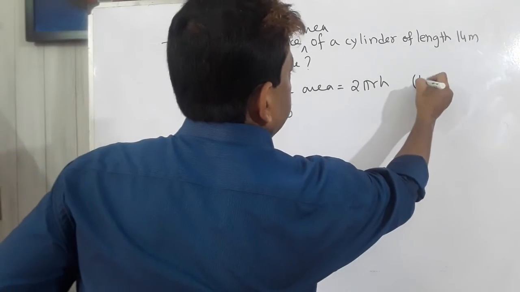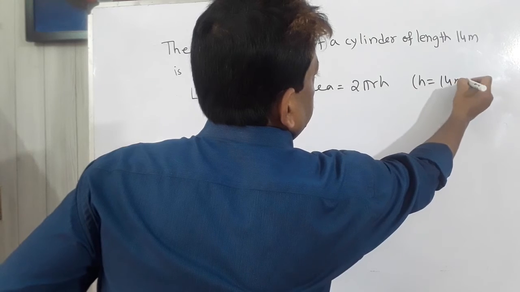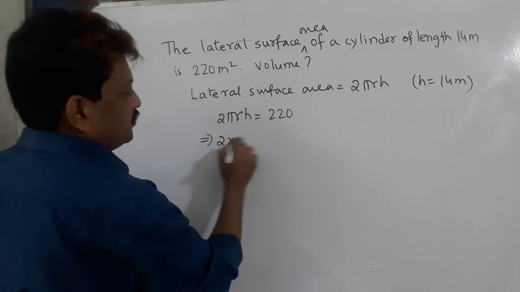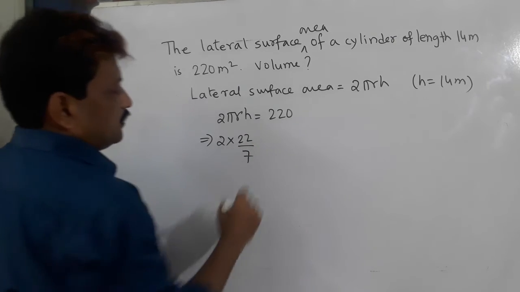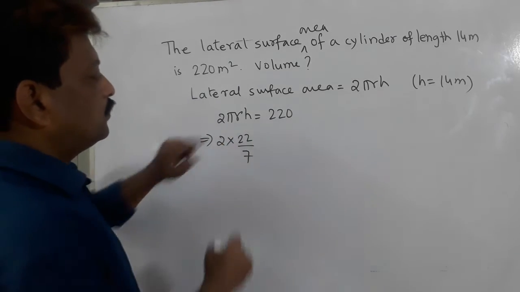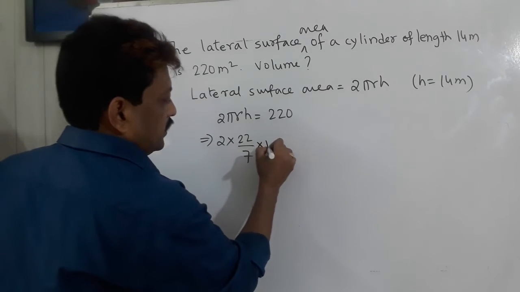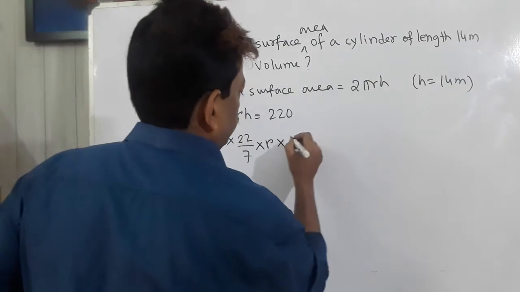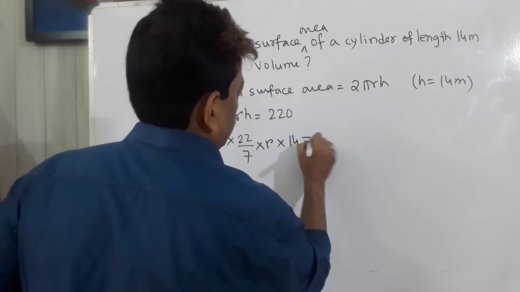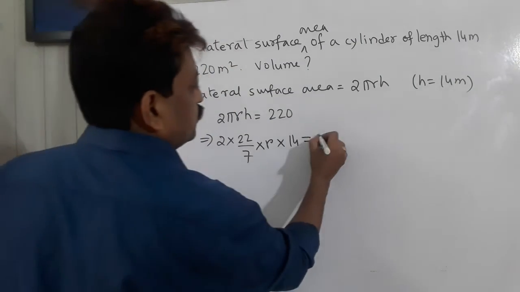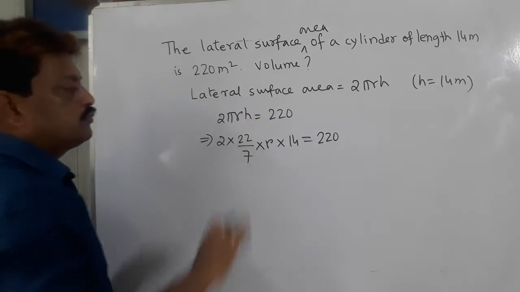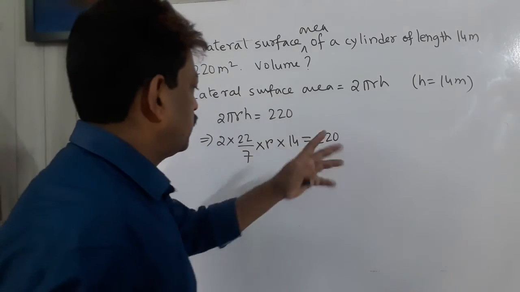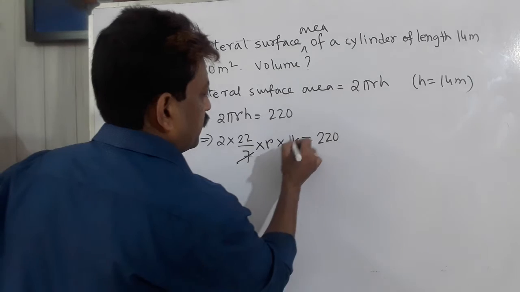Here h is given as 14 meter. So 2 pi is 22 upon 7. Since radius is not known, keep the radius as r, and height is given as 14 meter. That equals 220. I have replaced the values which are known, and only radius is unknown. So now I can calculate the radius.